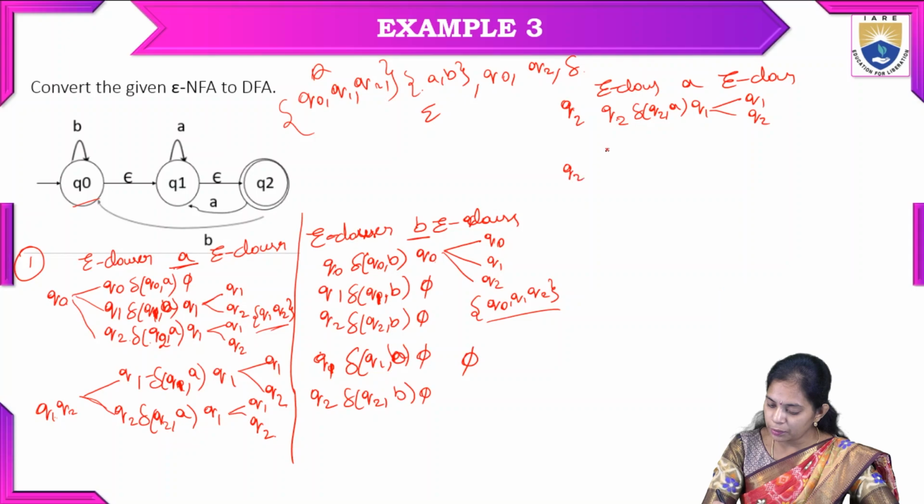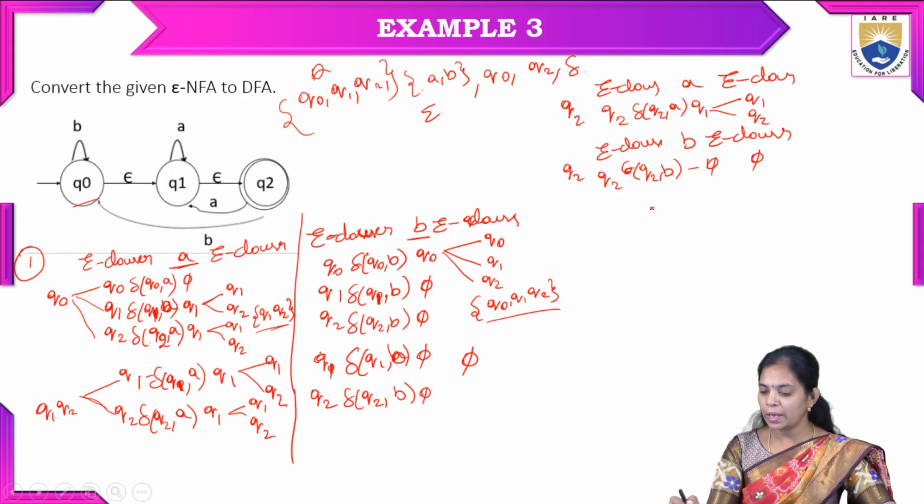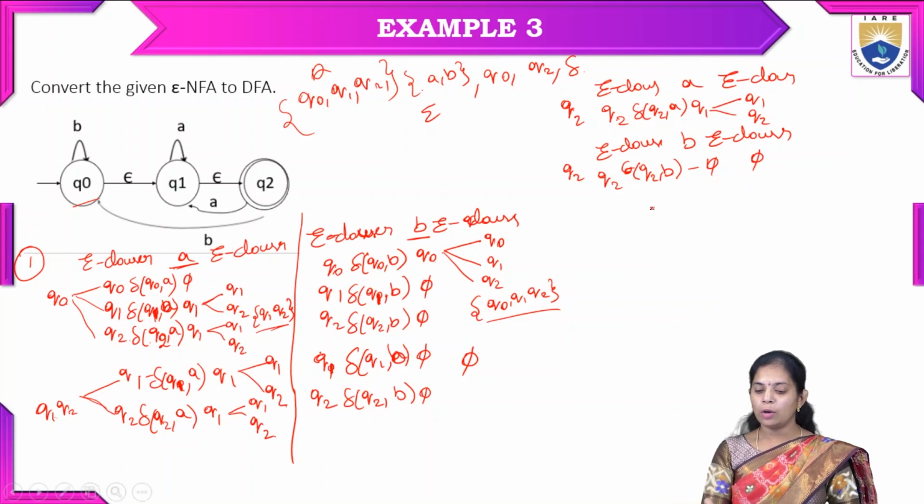And for B input epsilon closure, the transition of Q2 comma B is pi, so the result is also pi. So we have the values here, and now we will construct the transition table.